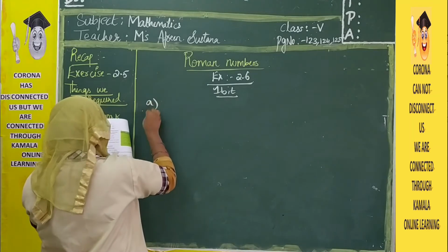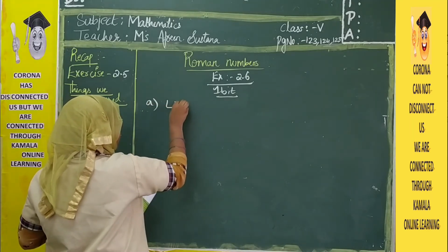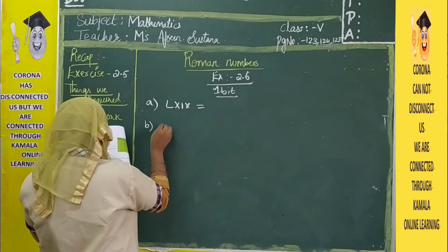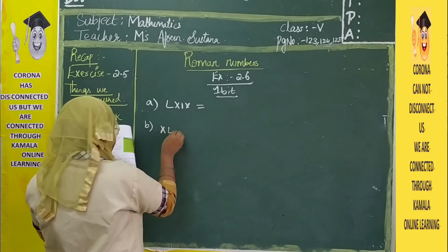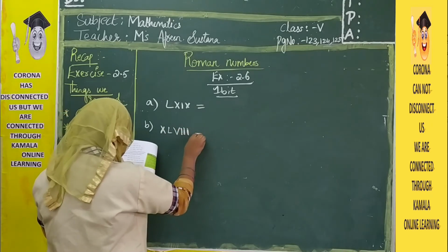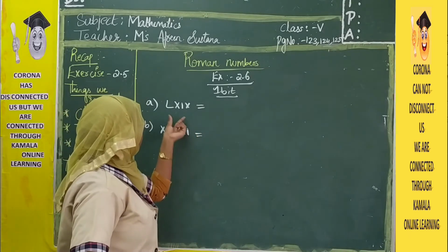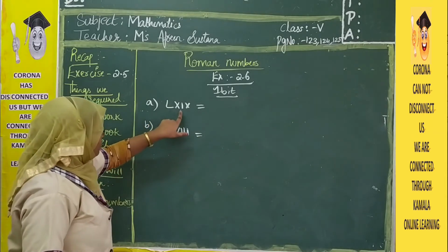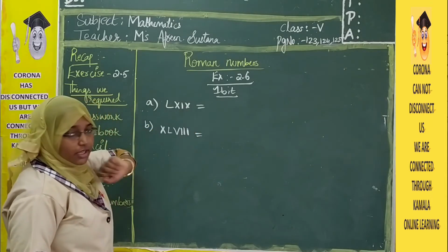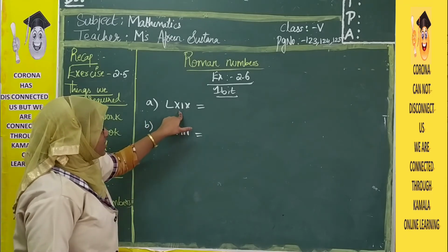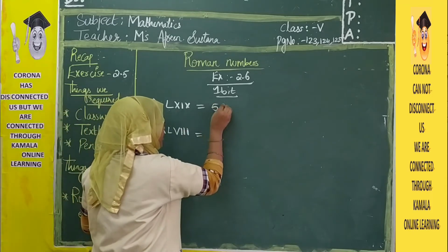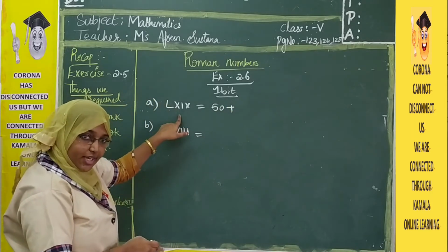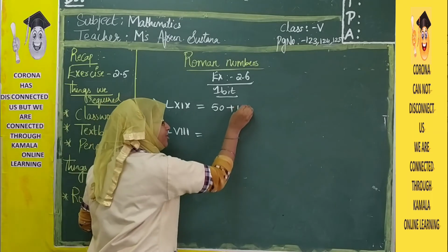First bit, first one. LXIX. L is 50, plus X is written, smaller numeral is written on the right side, so we will add 10.